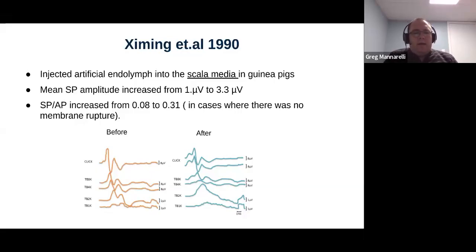The mean SP/AP ratio goes up from 0.08 to 0.31. This study also showed that this happens not only with click stimuli, which are often used, but also with tone bursts across the spectrum, showing that this isn't isolated to one region of the cochlea.